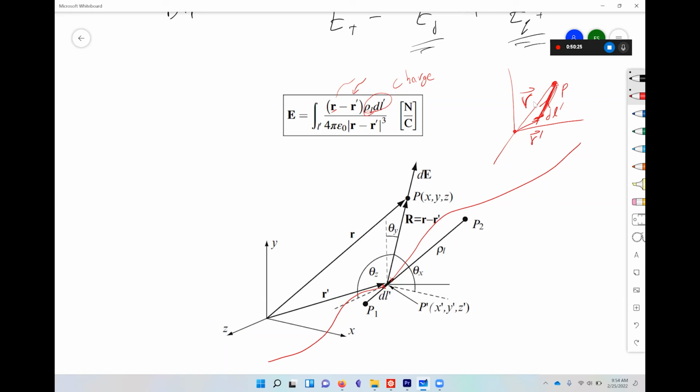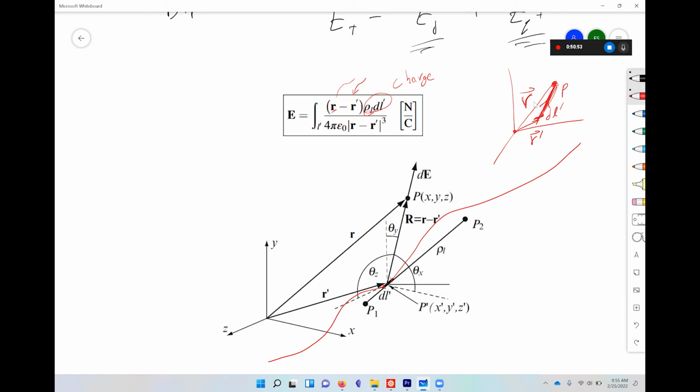So we find the field for this segment, and then we find the field for the adjacent segment, and we sum over the whole line, which could be a bendy line. It could be a wire with charge on it, right? And as we're integrating over the line dl prime, what is changing in this integral? Rho L might be changing. It could be a uniform line wire where the charge density is equal everywhere.